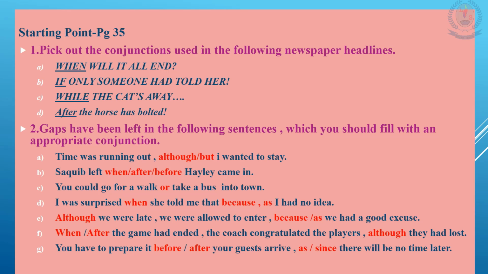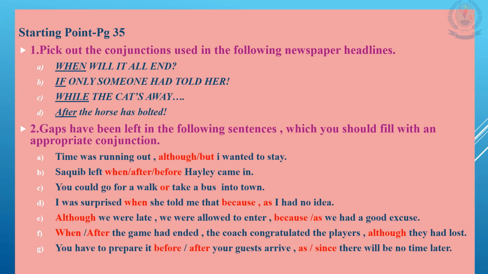Second one, Saqib left blank, Haley came in. Saqib left when Haley came in, after Haley came in, or before Haley came in. You can use any suitable answer. Third one, you could go for a walk blank, take a bus into town. So here the conjunction I have used is or. You could go for a walk or take a bus into town.